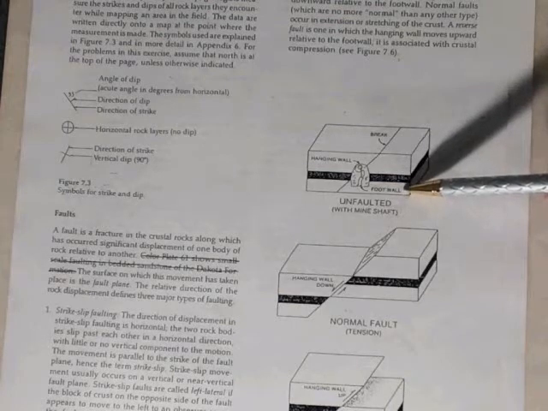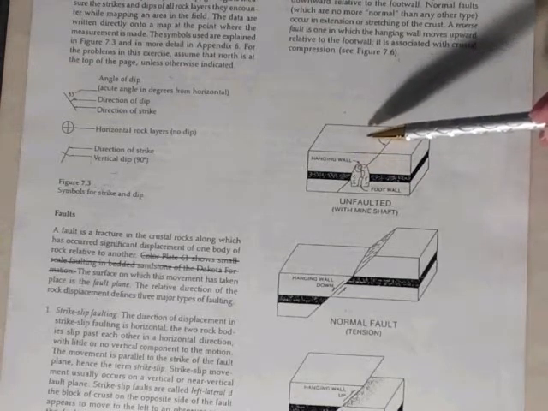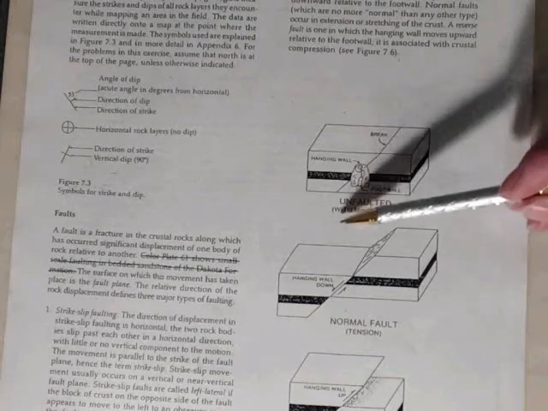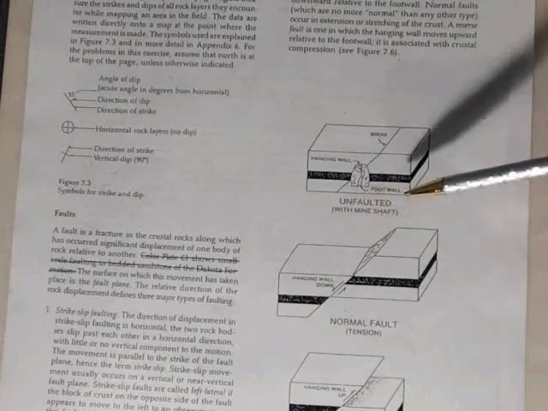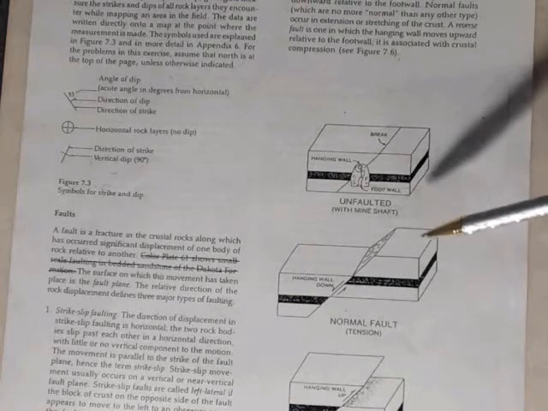So depending on the direction that the hanging wall goes, does the hanging wall move up in relation to the foot wall, or does the hanging wall move down in relation to the foot wall? And we'll have our names for our variety of dip slip faulting. Gotta watch how you say that.